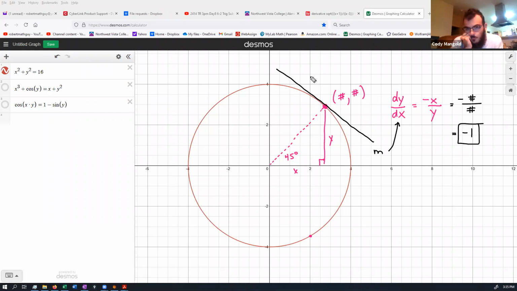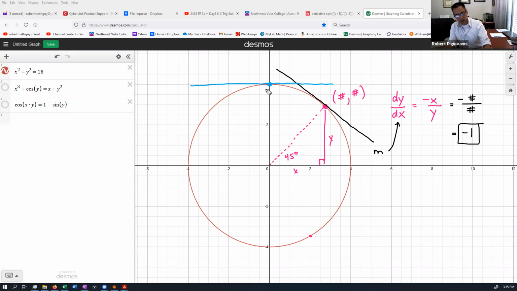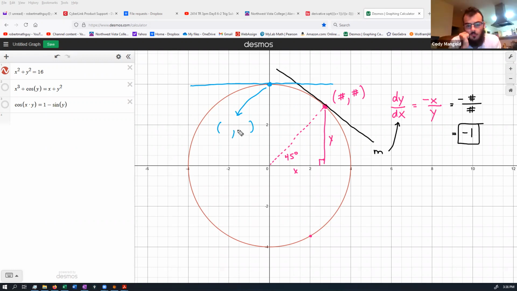What about this? What if you took this point right here and we want to know the slope of the tangent line there? Can anybody tell me anything about that point? Remember, this circle has a radius of 4. So what's the x coordinate and y coordinate? 0, 4. The x is 0, the y is 4.